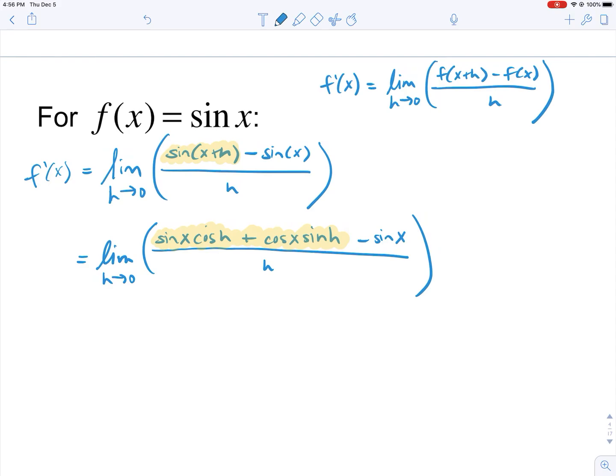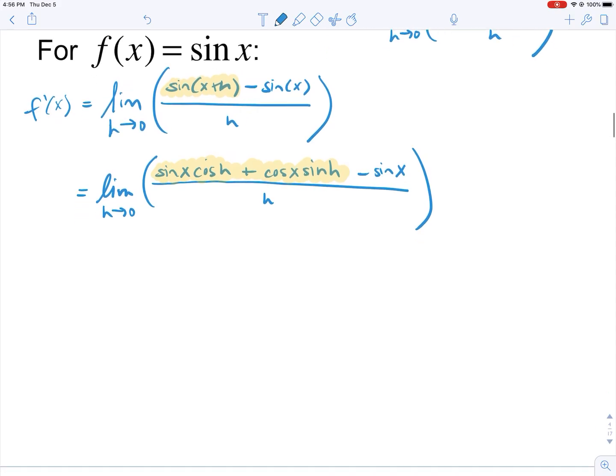Okay, and now by the commutative property of addition, I am going to rearrange the terms that we have in the numerator. So I am going to rewrite the numerator as the sine of x times cosine of h minus the sine of x plus cosine of x times the sine of h.